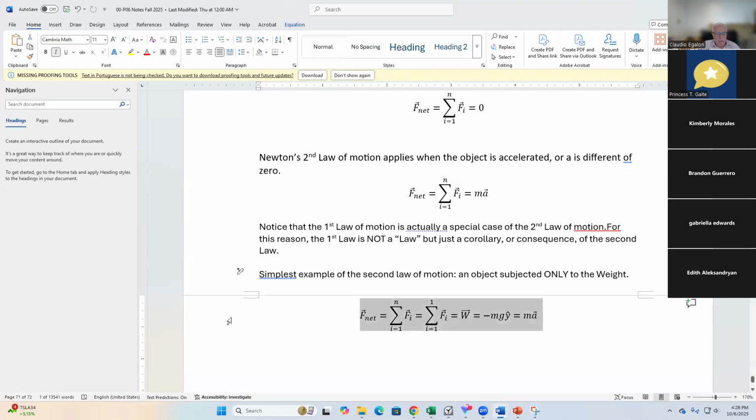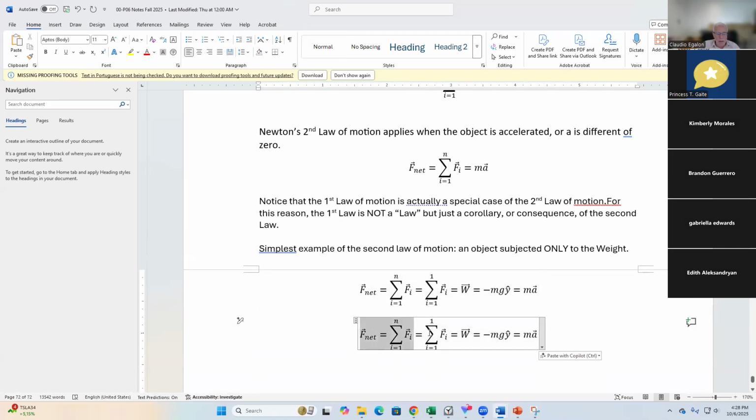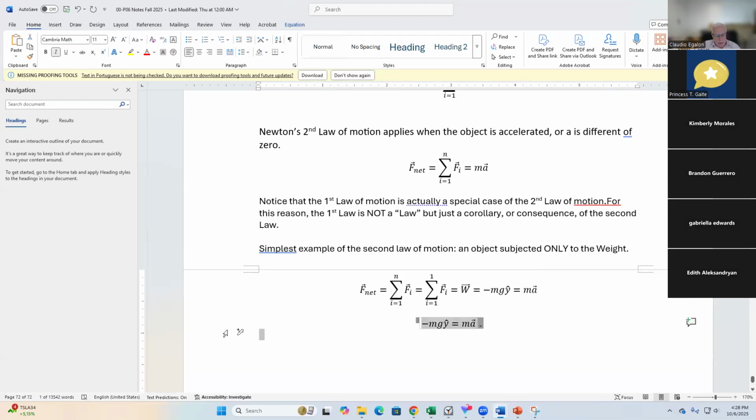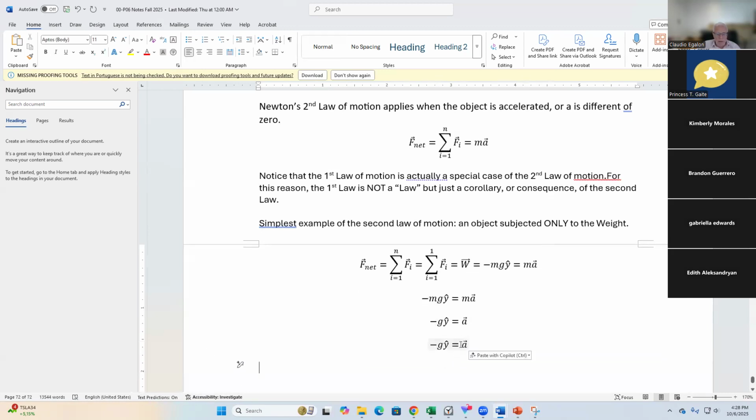If you want to find the acceleration of this object, all you have to do is solve this equation. Mass cancels out with mass, and the acceleration is going to be equal to the acceleration of gravity, 10 meters per second squared, in the negative direction.